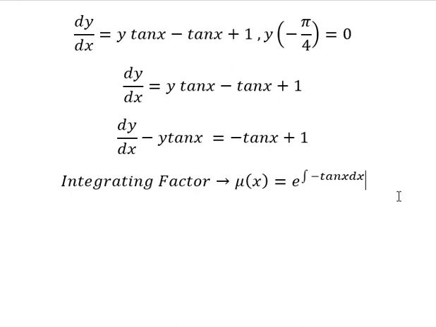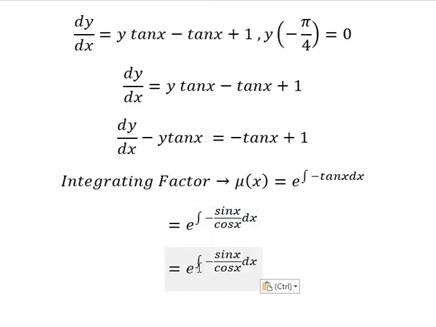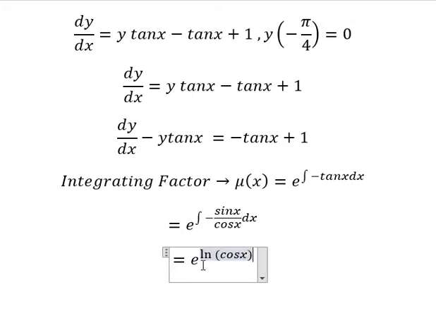And we know that tan x is sine x over cosine x. So the integration of this one, we will have ln of cosine x. And this one we can simplify and you get cosine x, because we just apply the formula in here.